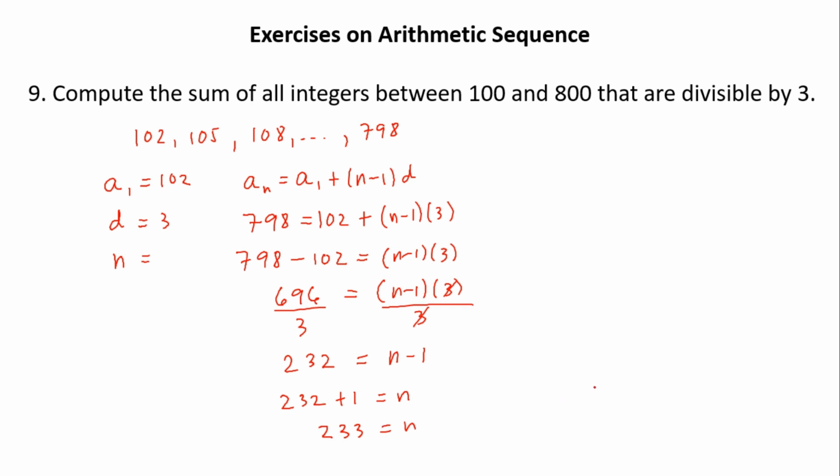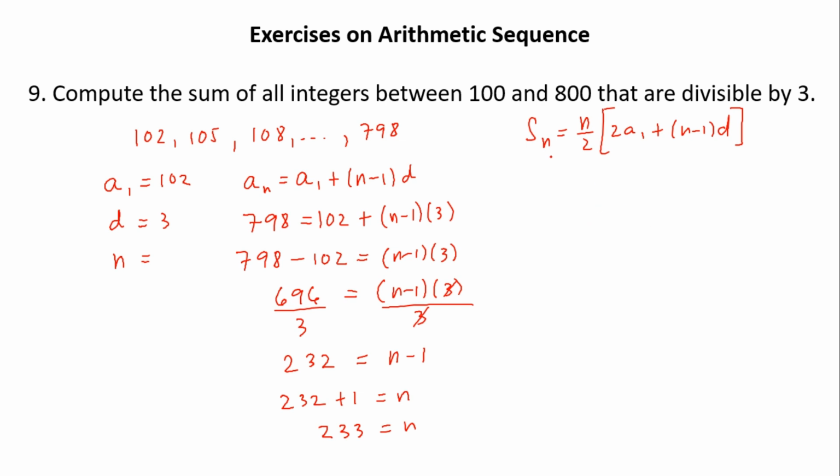Now we can use the formula for the sum of terms. Take note that the longer formula is S sub n equals n over 2 times (2a sub 1 plus (n minus 1) times d).